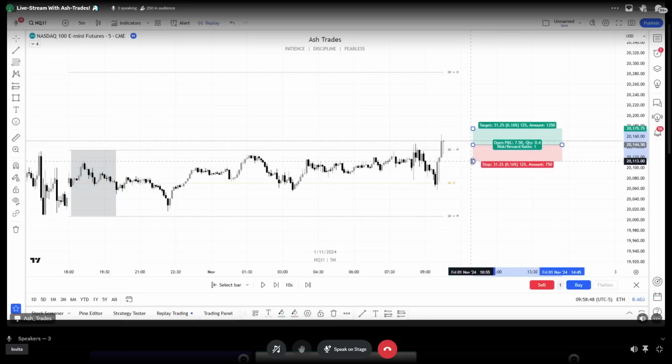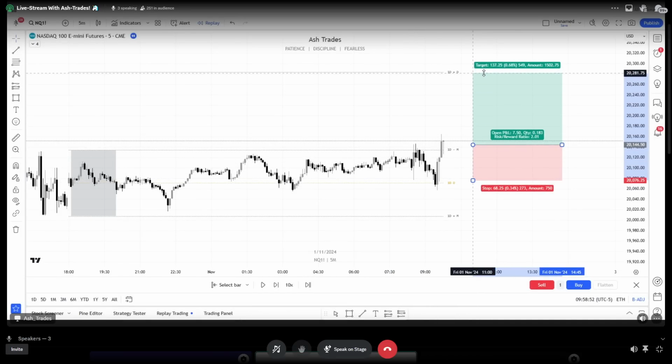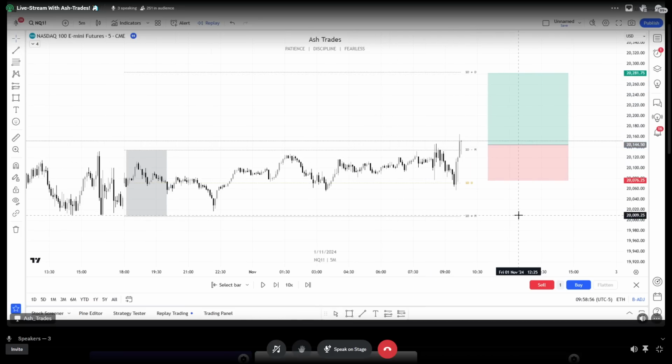Again, entering at the beginning of the breaker block, stop loss a couple points below the breaker block, and we're looking at 1 to 2 risk to reward. Simply by identifying the range, looking at the extremes of the range to see if it's manipulation or acceptance, and then using my entry function, breaker block plus an FVG.